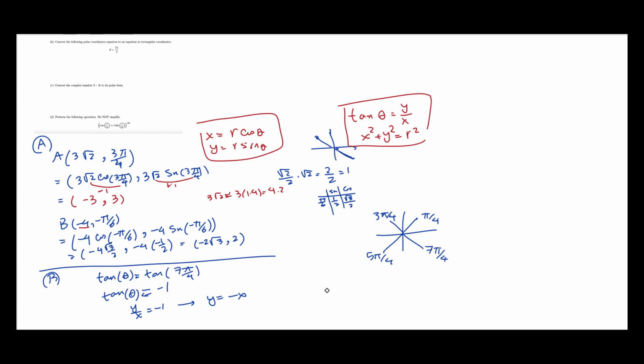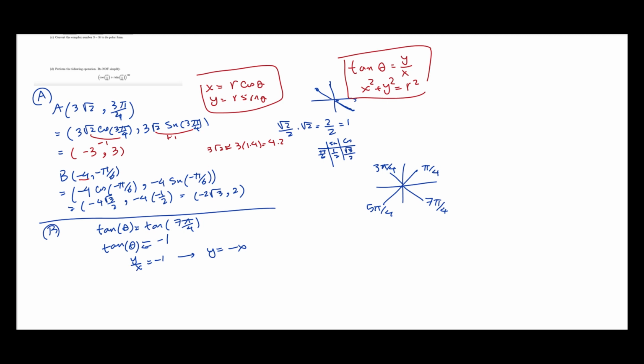The next question is asking to convert 3 minus 3i into polar coordinates. So here x is 3, y is negative 3, and converting it to polar gives me r, which is square root of 3 squared plus negative 3 squared, and that is 3 square root of 2.